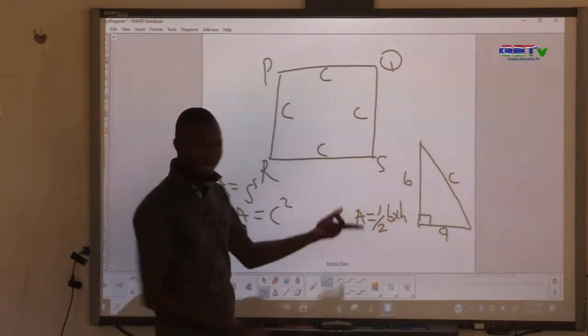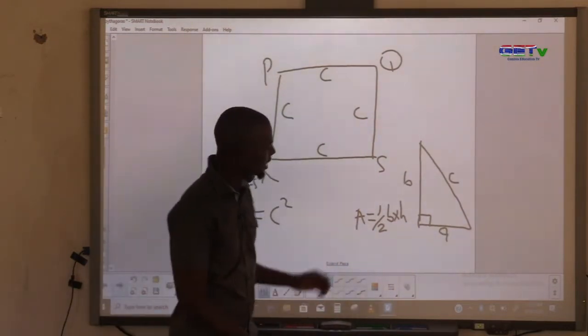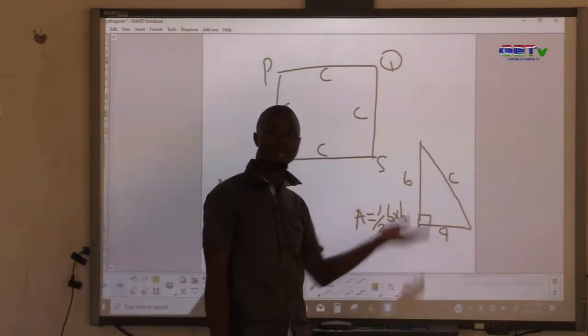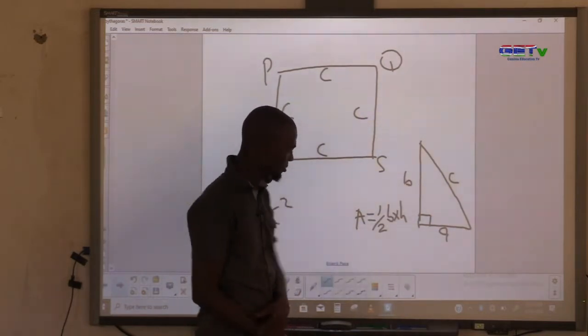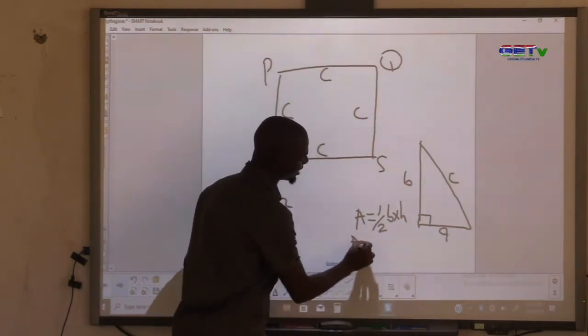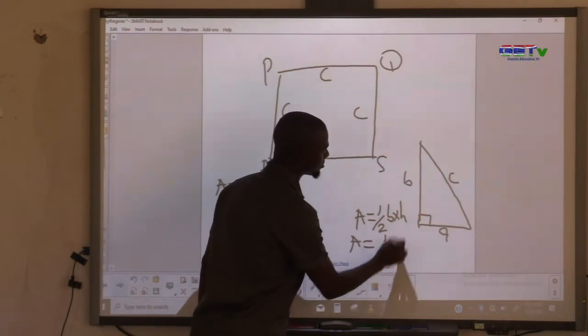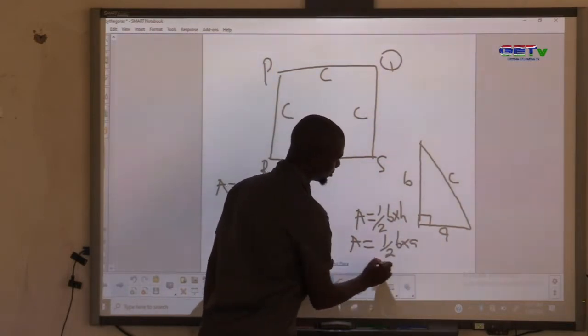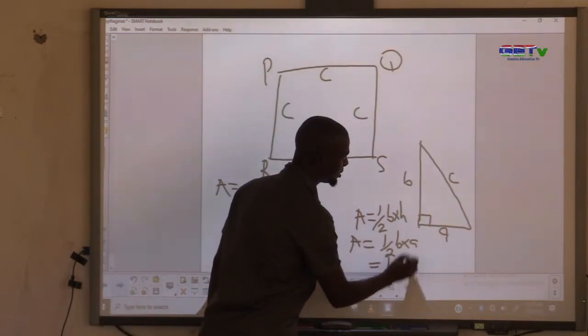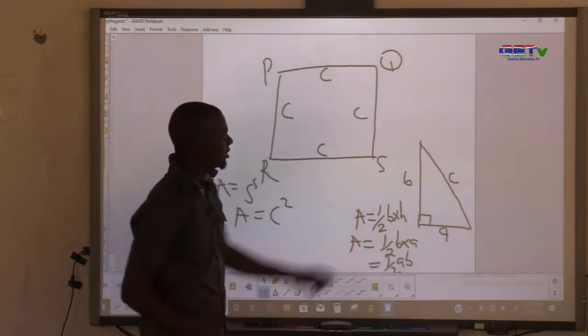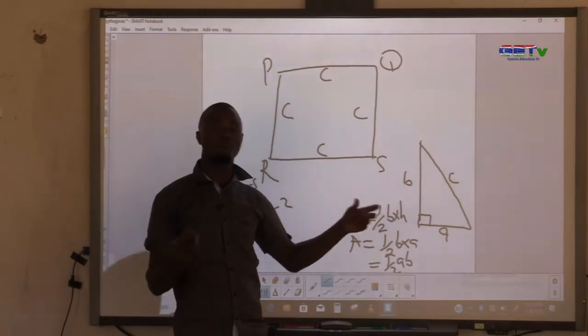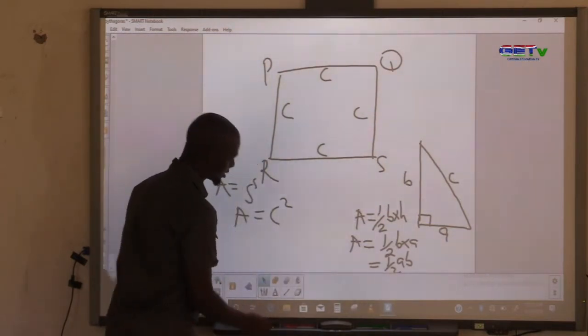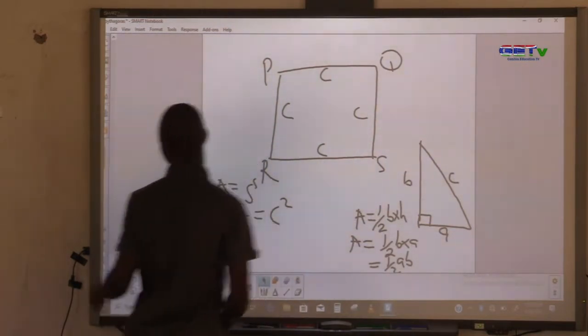If you look at this triangle, the base is A and the height is B. So area of the triangle is half B times A, that will give you half AB. There are 4 of its kind in the square.